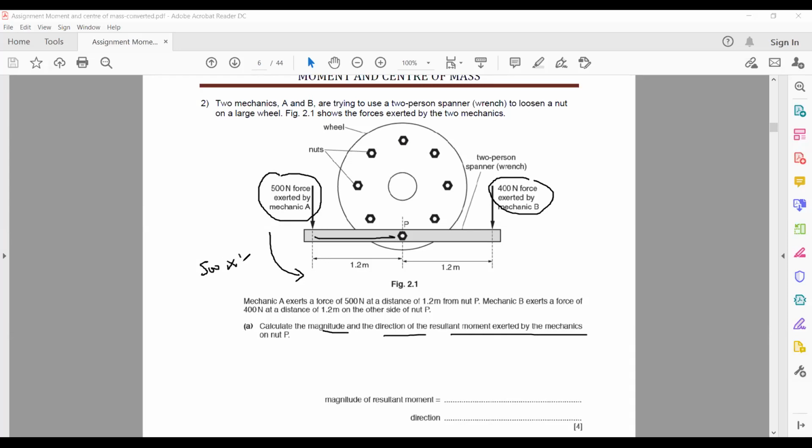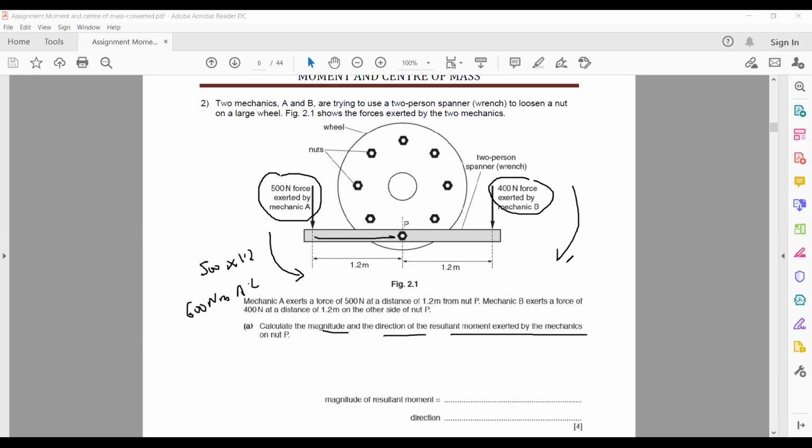So 500 into 1.2, you will get 600 Newton meter anti-clockwise. So mechanic A's moment is 600 Newton meter anti-clockwise.